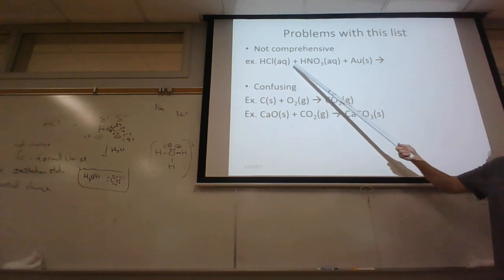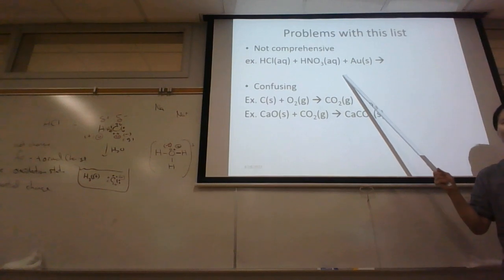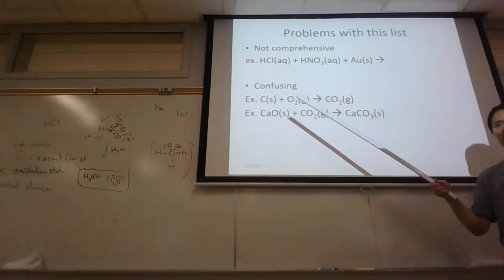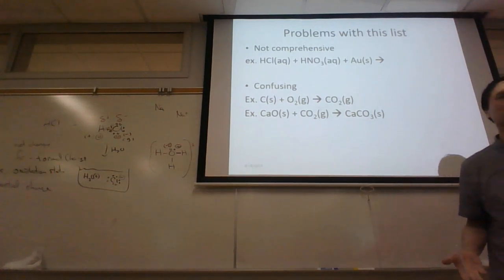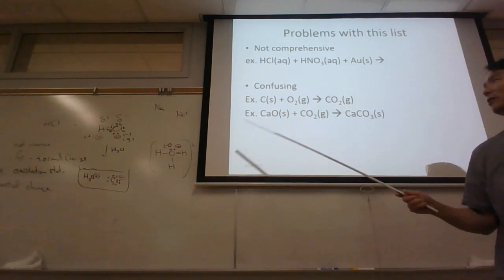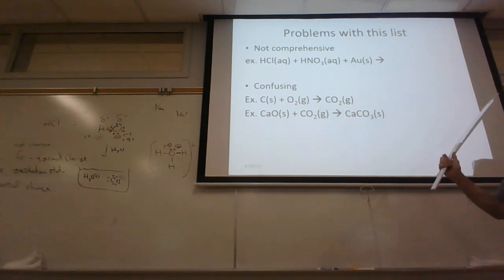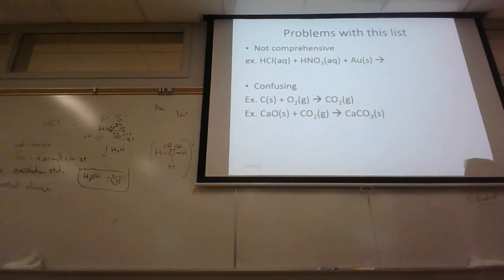If I take HCl and HNO3 and react it with gold, what is this? Does that fit any of the patterns I just listed there? No, and so you need another pattern. Maybe this is a triple replacement, something. I don't know. We're going to have to keep adding. I don't want to do that.